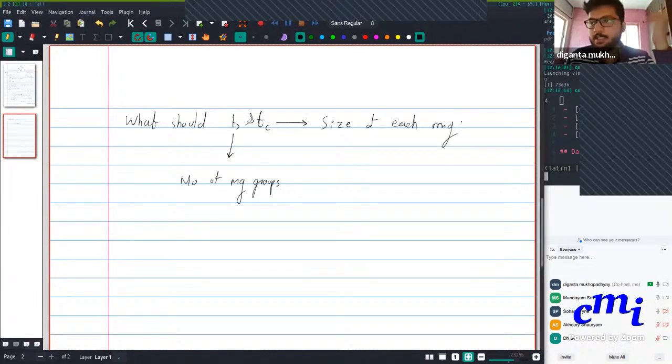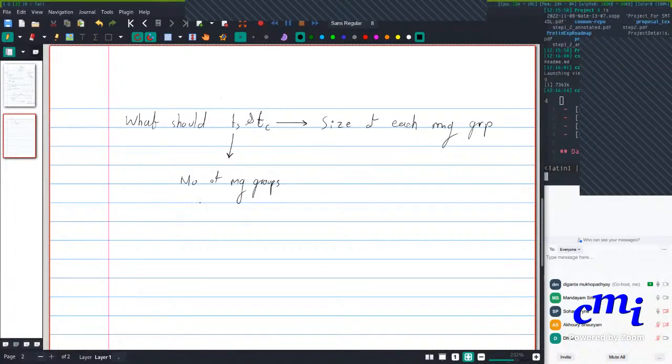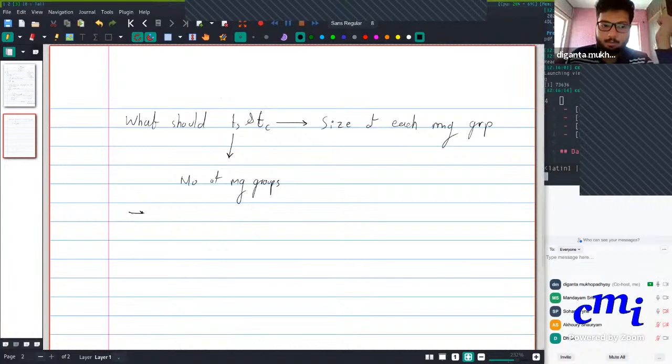Because if TC is very small, then nothing will be considered as being close to 0. So most things appear as inputs, and your merge group will be small. Whereas if TC is large, then the merge group will be large. So together these control the number of merge groups and the size of each merge group, and so they control the level of approximation you have.